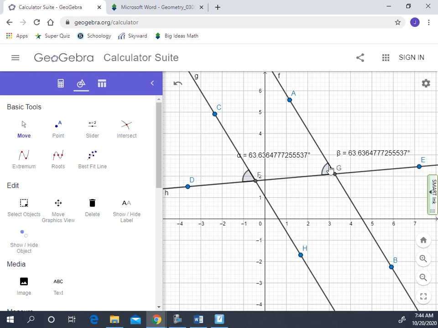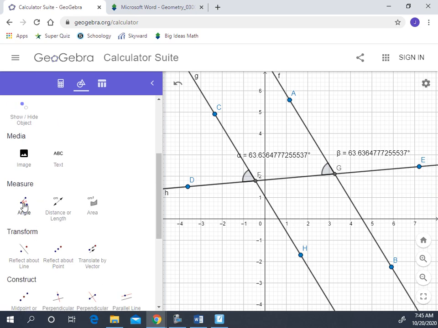These are called corresponding angles. They're in the same spot according to the transversal, right? They're both above this transversal, and they're both on the left side of their respective lines. So those are corresponding angles, and notice they have the same measure. This would be angle 1 and 5 in your book.